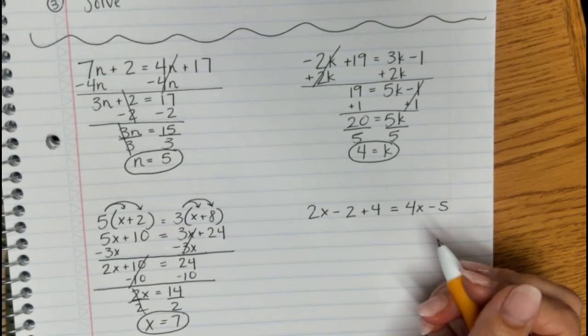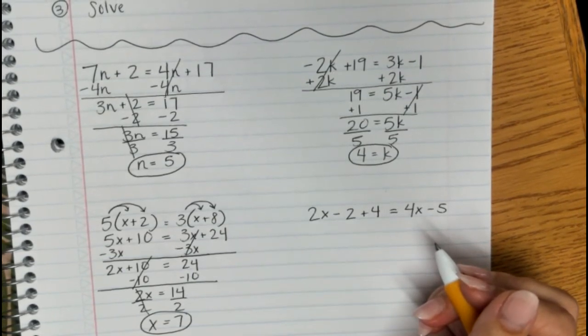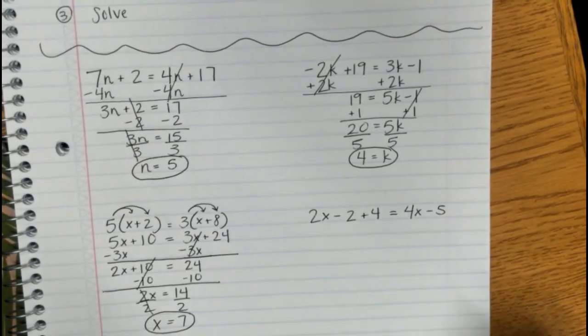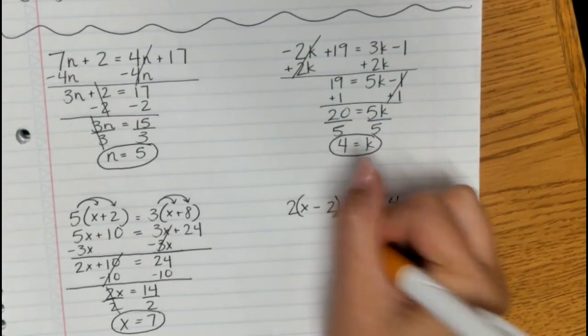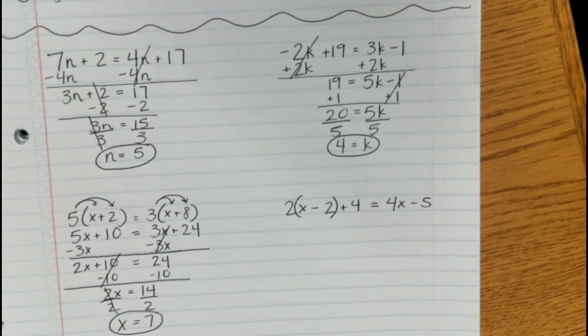I need to think for a second because I may have made this something that's going to end up in a fraction or a decimal. Let's do this so that we also have to distribute.